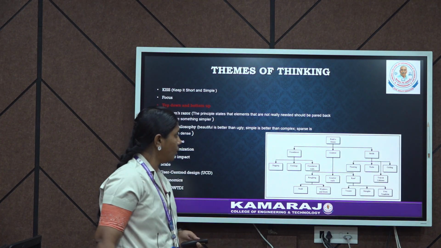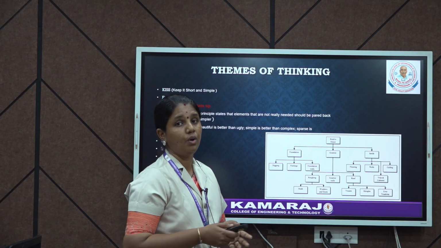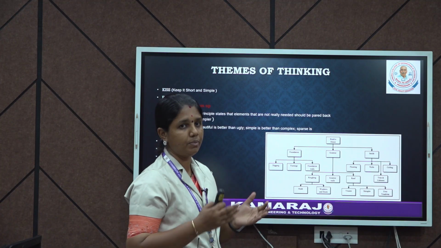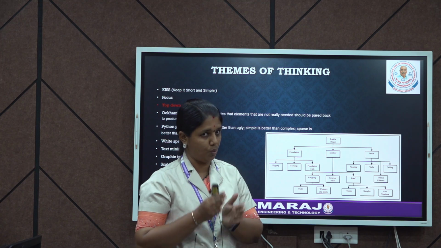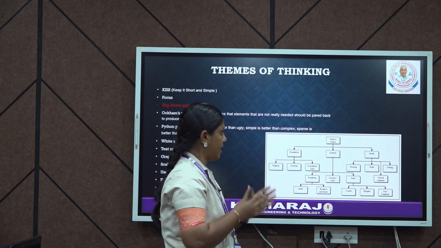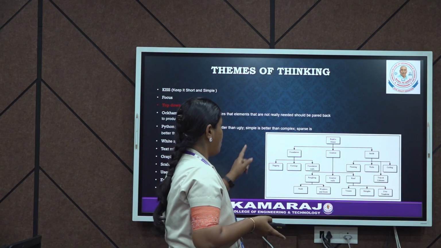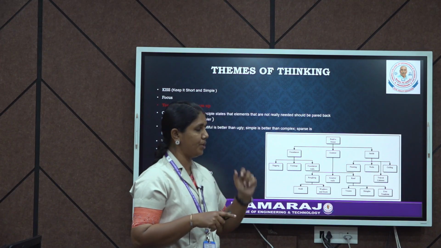And top down and bottom up. Top down and bottom up is, for example, building a house. What are the stages from the bottom to the top? First we need to put a foundation, then exteriors and inside. We need to split it into 3 major parts. In the foundation, what are we doing? Digging, footing and foundation walls.